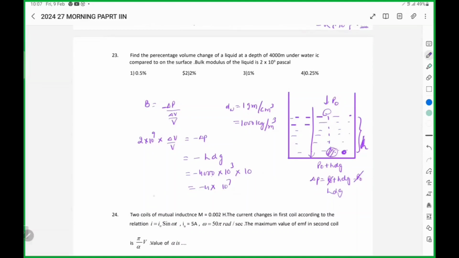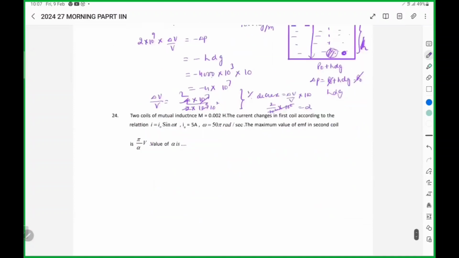Forget about the sign, that only says decrease. Percentage decrease is delta V by V into 100, which is 2 by 10 square into 10 square, which is 2%.